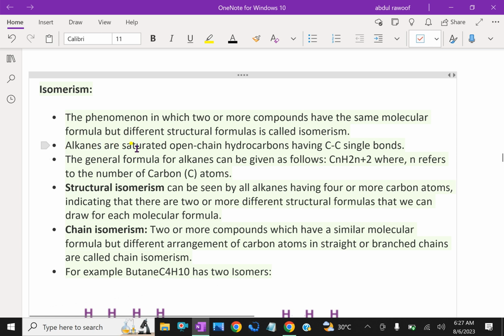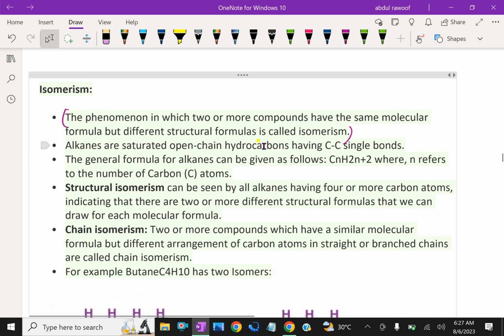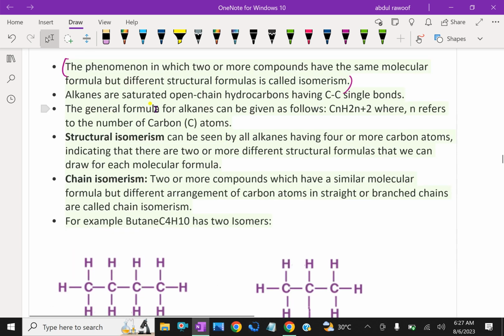Isomerism is the phenomenon in which two or more compounds have the same molecular formula but different structural formulas. That is, same molecular formula and different structural formula. Alkanes are saturated open chain hydrocarbons having C-C single bonds.